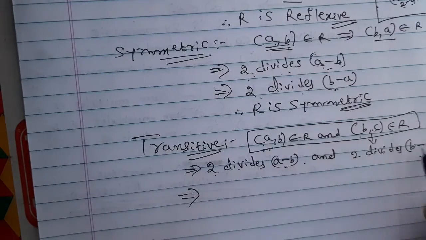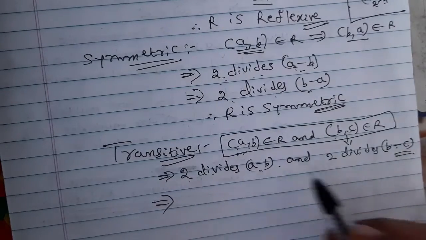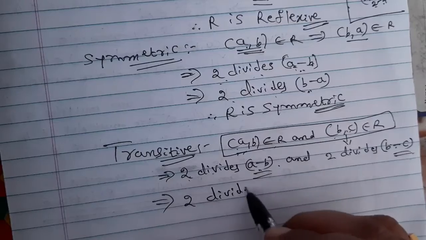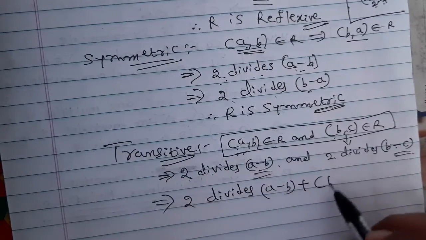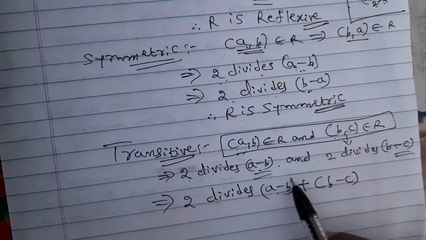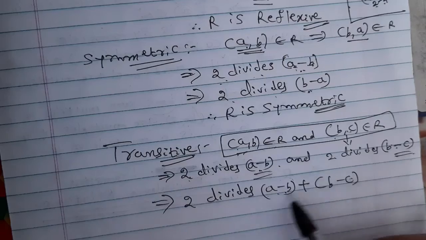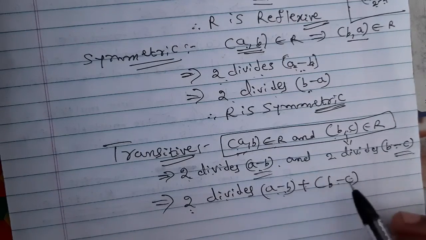Then what? Both a minus b and b minus c are divisible by 2. That means obviously 2 divides this plus this. This is one difference, this is another difference. The sum of those two differences will also be divisible by 2. That means 2 divides (a minus b) plus (b minus c).